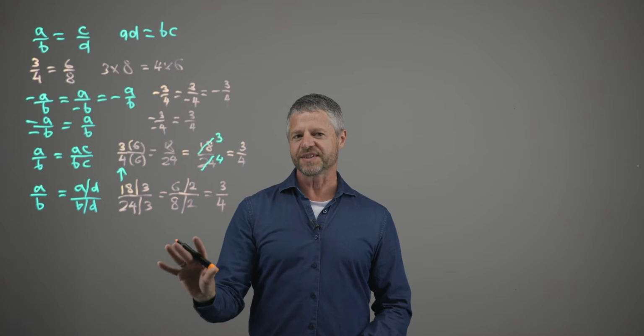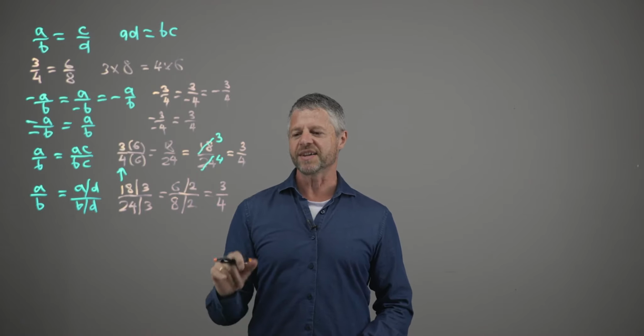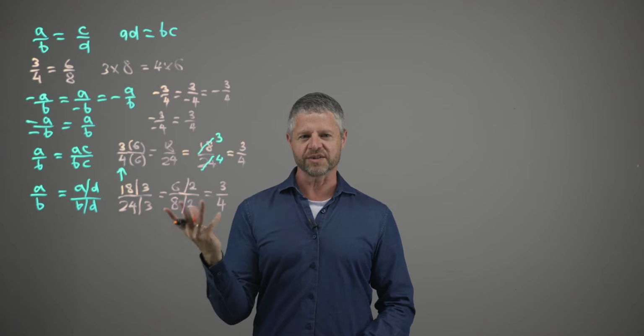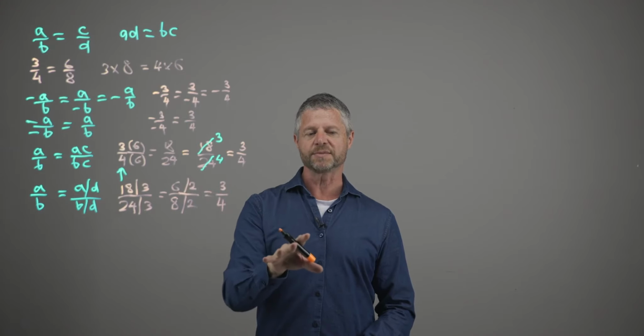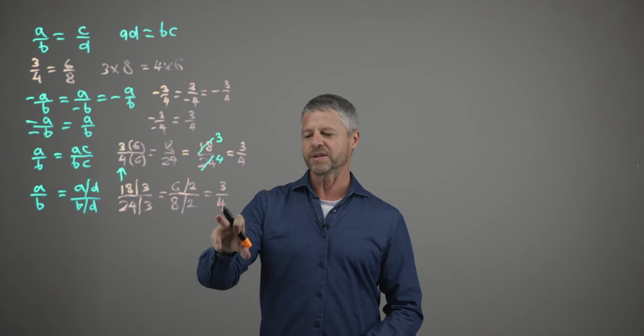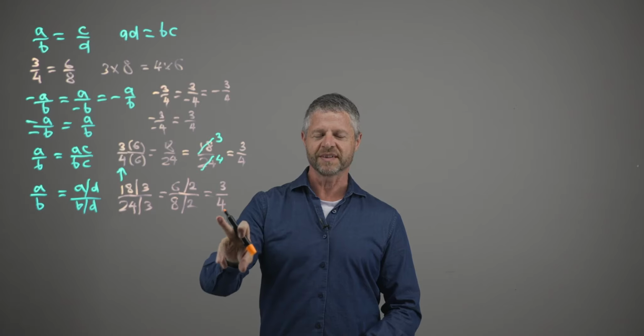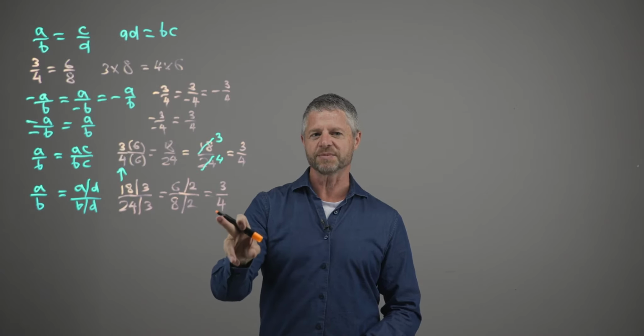Occasionally we don't. So there are some circumstances when we don't. And one example would be if we're trying to express a fraction as a decimal. So for example, 3/4.